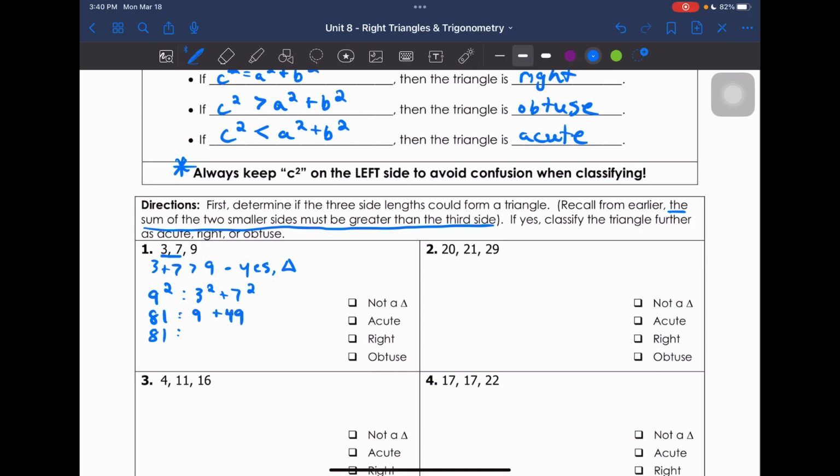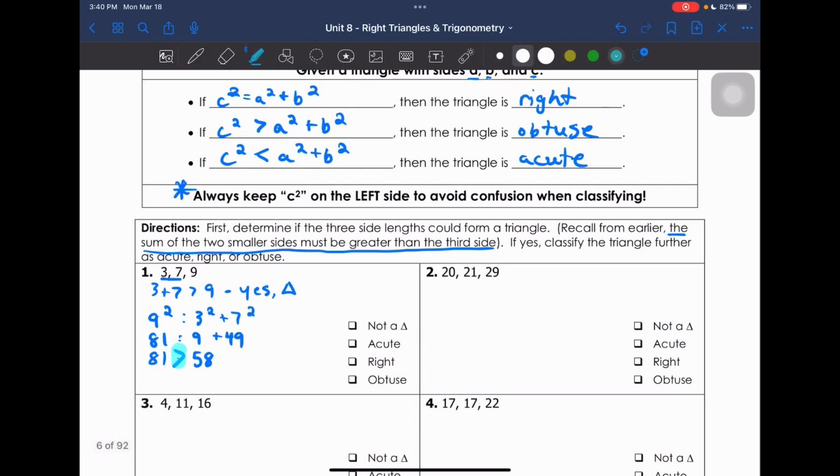If I add together the things on the right, 9 plus 49, I get 58. So 81 is actually greater than 58. And if c squared is greater than a squared plus b squared, we have an obtuse triangle, which means that's the box that we should check off here. Obtuse.